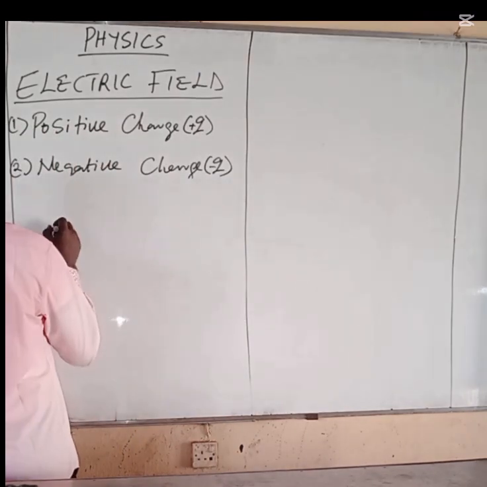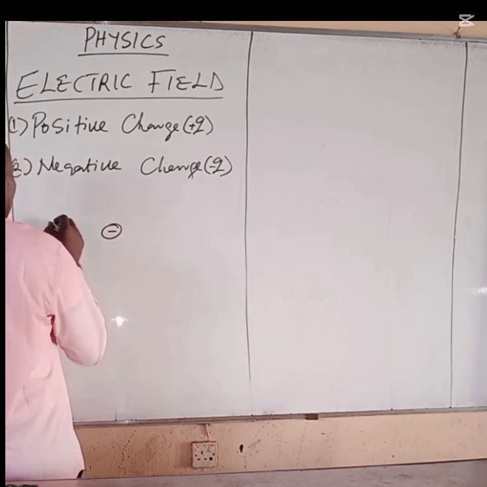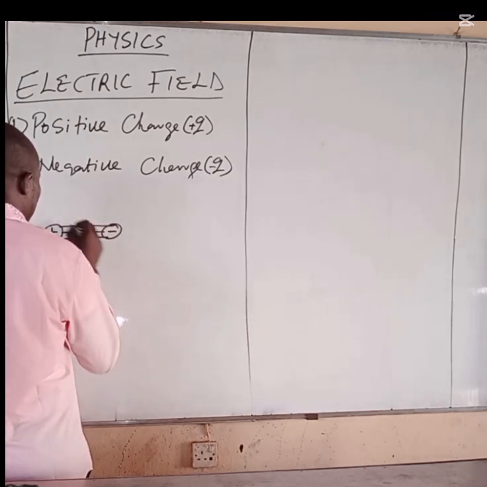So if I have a positive charge here, I have a negative charge here. The field will move from positive and enter negative.